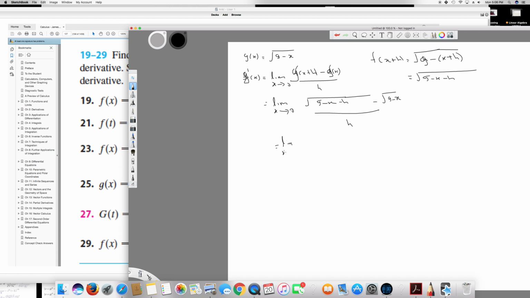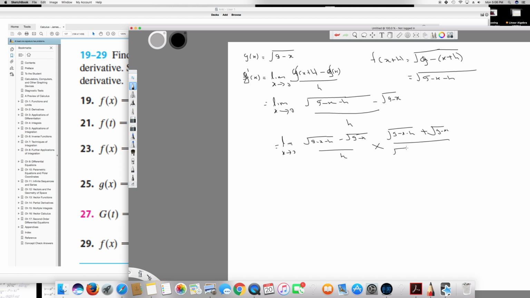Limit h approaches 0 of square root of 9 minus x minus h minus square root of 9 minus x over h, multiplied by square root of 9 minus x minus h plus square root of 9 minus x. If I multiply on top, I have to multiply in the bottom too.